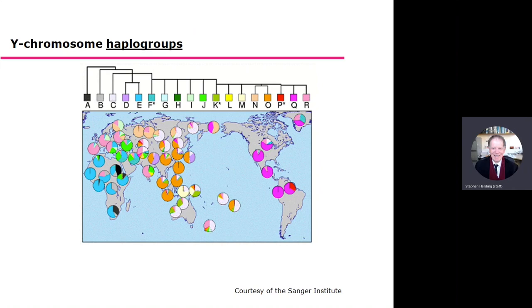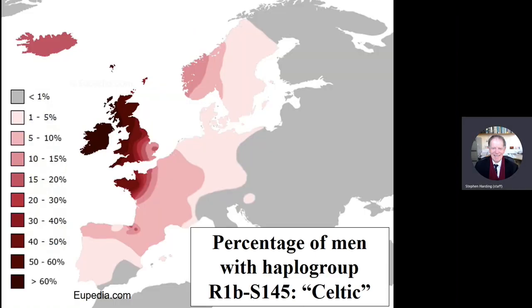These are called sub-haplogroups or subclades, and this gives us greater resolution in terms of working out where the Y chromosome may have come from.